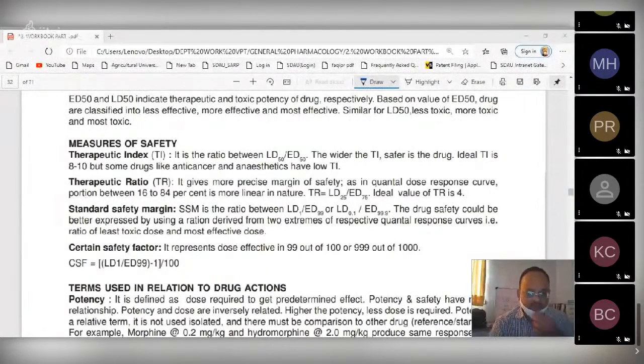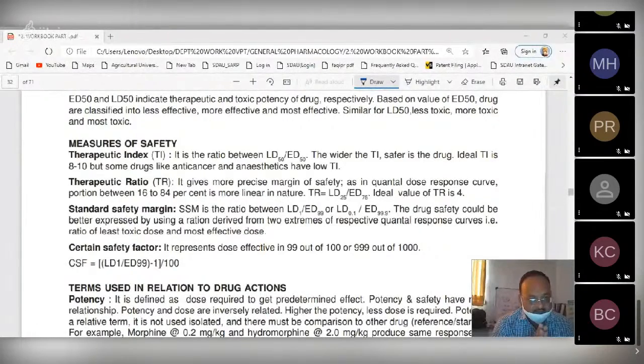Now, if you see this therapeutic efficacy, why do we need to study the ED50 and LD50? Because based on the ED50 and LD50, you can classify, you can categorize the drug as well as toxic substances. For example, drugs can be classified into less effective, moderately effective, most effective.